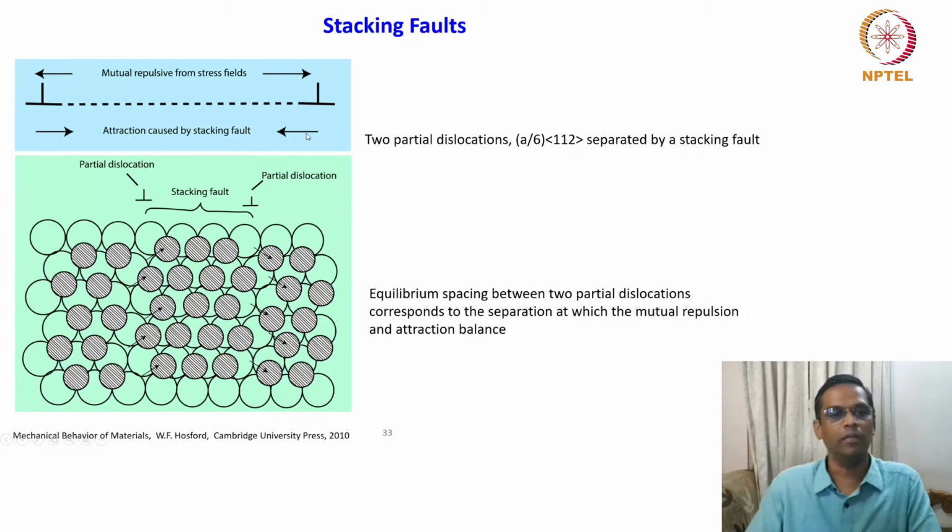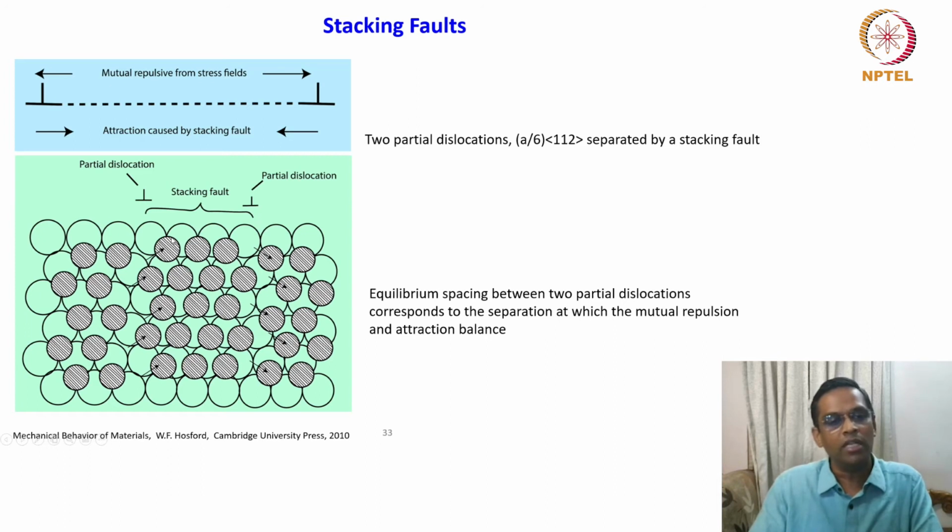Suppose you have this kind of a configuration: two partial dislocations a/6 <112> separated by a stacking fault. This is a similar figure to what I just showed before, but it is a much closer look. Two partial dislocations come from both sides, and you can see the movement from the inverted triangle void position to the triangle void position.